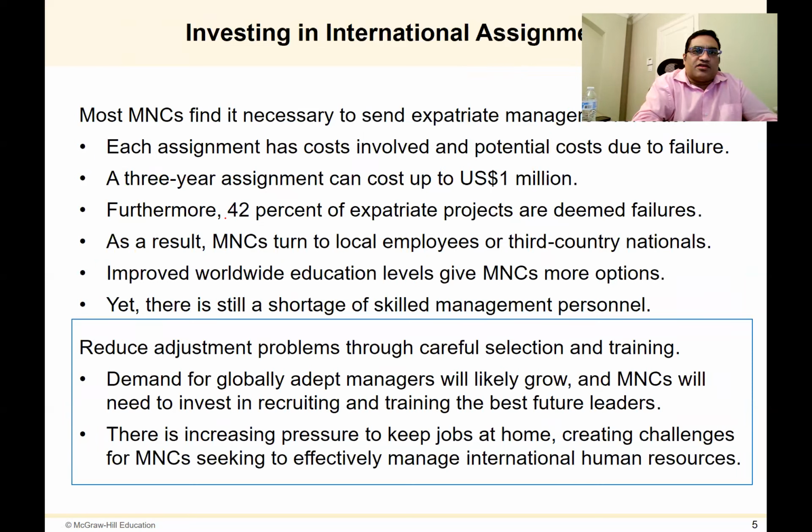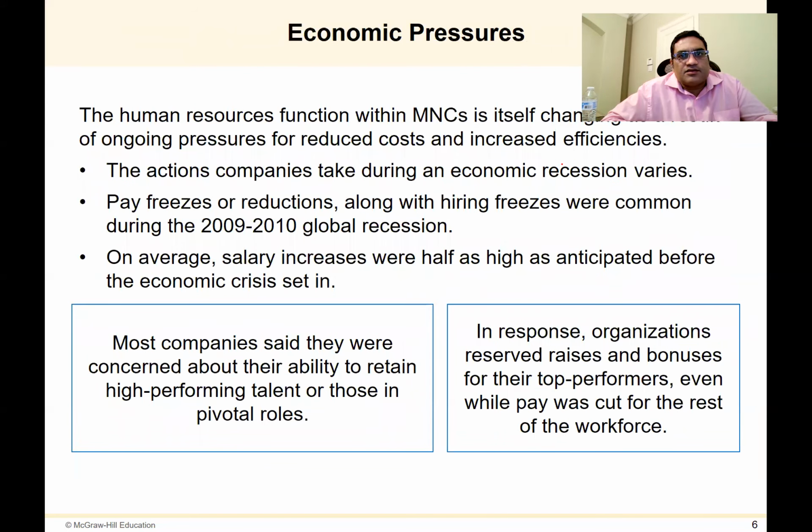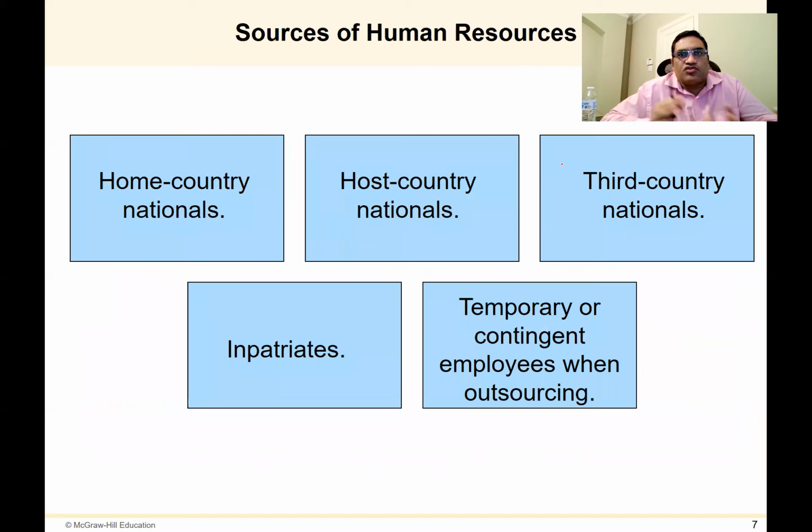As I mentioned, depending upon these factors, these projects are considered failures. By the way, we'll look at these different terms. A 3-year assignment could easily cost more than $1 million. So these are different types of people who are going to be working in an international arena.